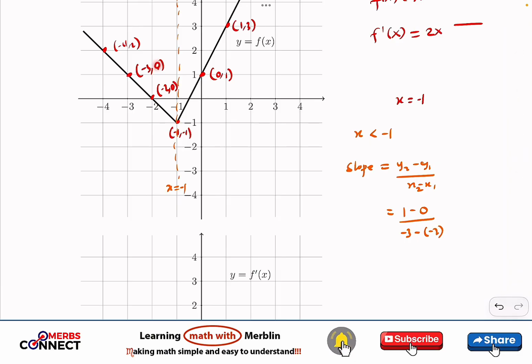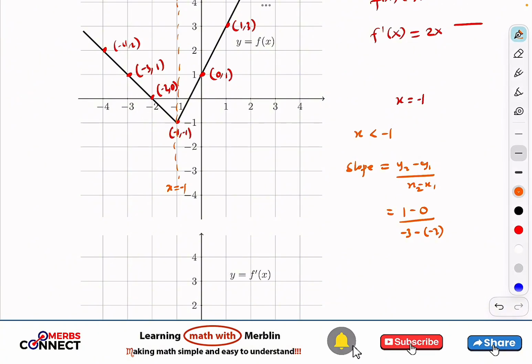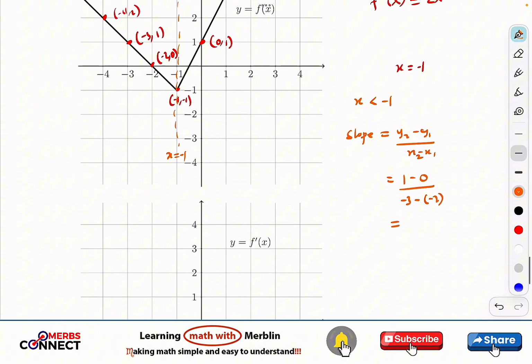So this is 1 divided by -3 plus 2, which is 1 divided by -1, and this gives us -1. So the slope for the left side is -1. We can say that f prime of x is equal to -1.